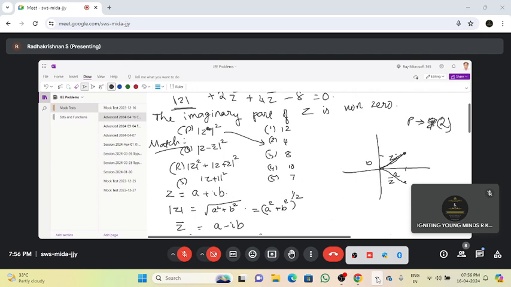Okay. Next is Z minus Z conjugate whole square. Right. Seems to be something wrong in the. Are you all able to see my screen? Hello? Yes, sir.